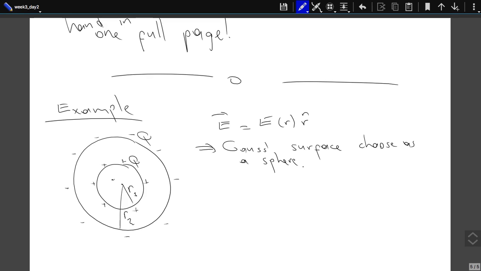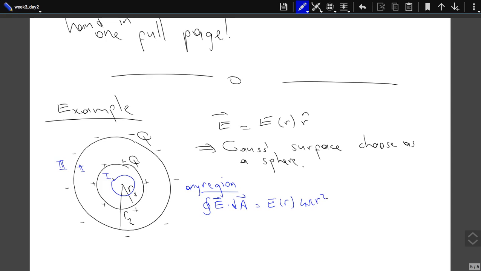Now let's look at here. We should choose a Gauss surface that contains that point. That's the sphere that contains that point. Let's say this is region 1, region 2, and region 3. We have three different regions. In any region, E dot dA will be just E of R times 4 pi R squared.